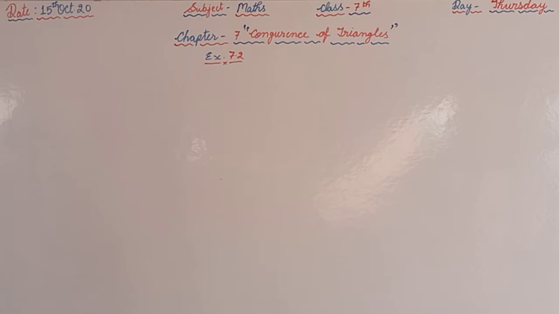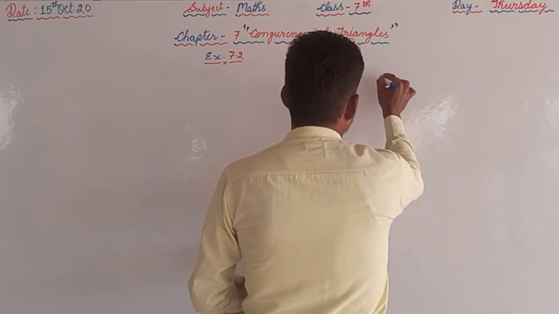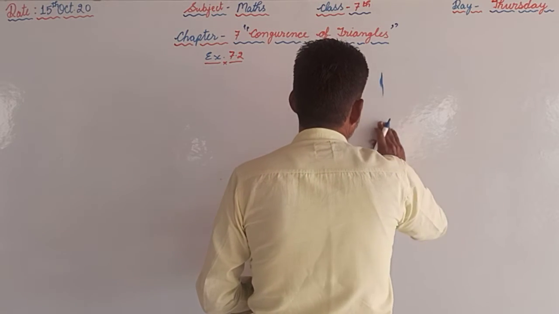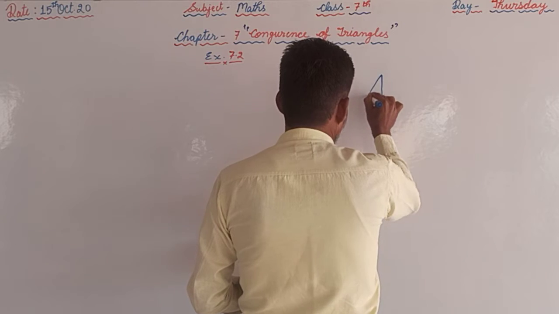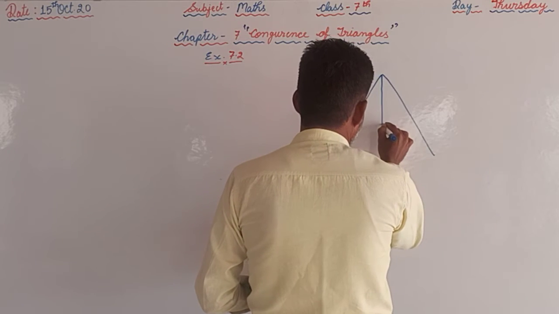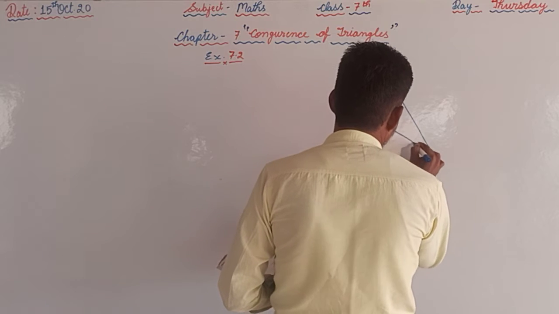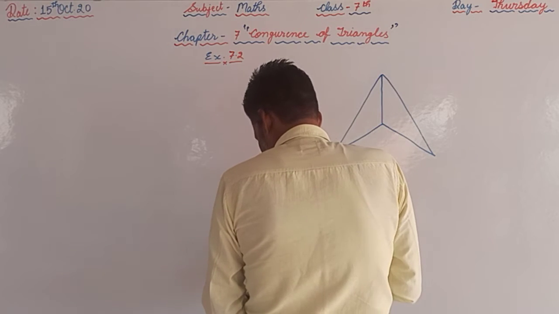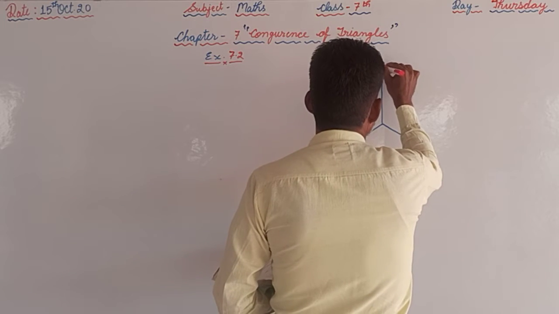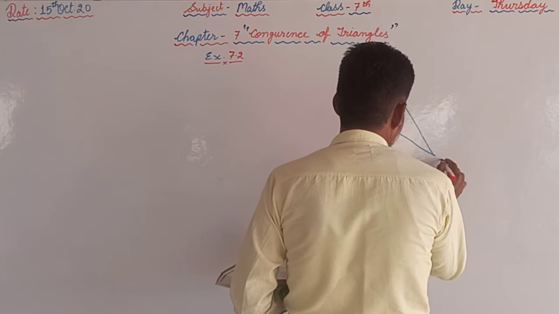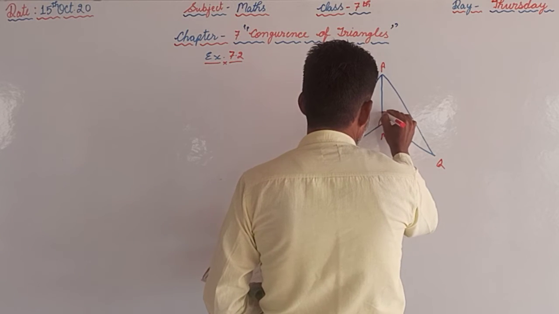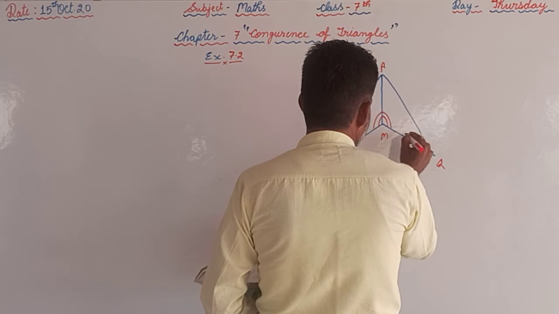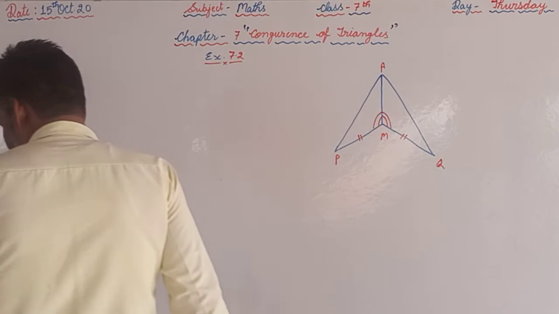And in that question, first of all the figure is given. Figure is like this, and the naming is A, M, P, Q, and this is also given that this angle is equal to this angle and this side is equal to this side, and the table is also given there.